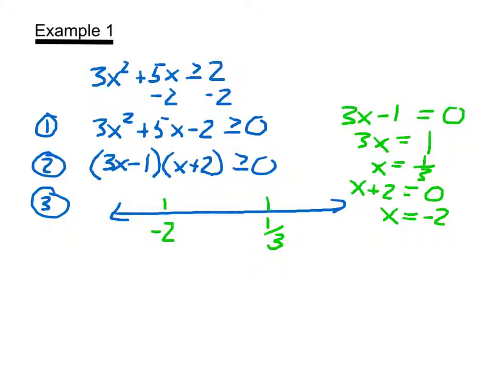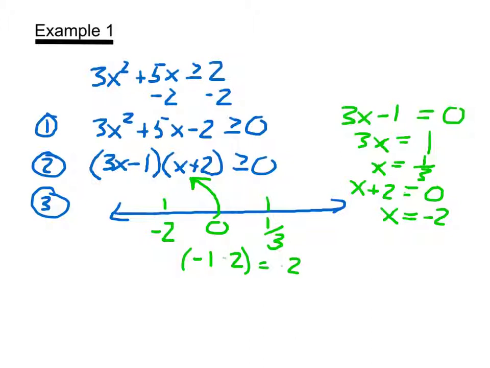Now again, I like to choose an x value of 0. And I know 0 is between these two numbers. If I plugged 0 back into the left-hand side of the equation here, I would get -1 times 2, which is obviously a negative number.